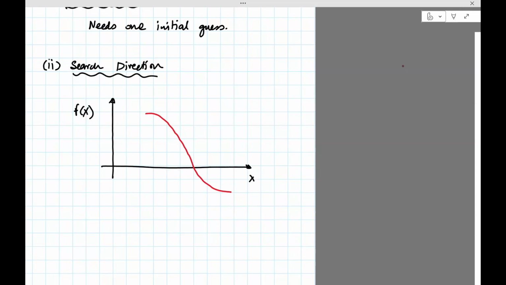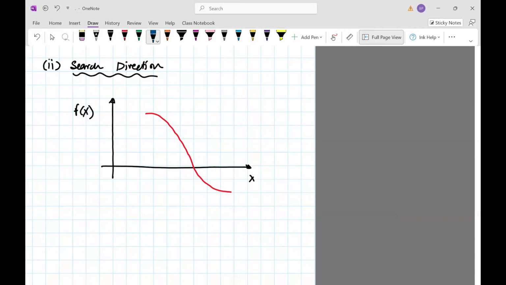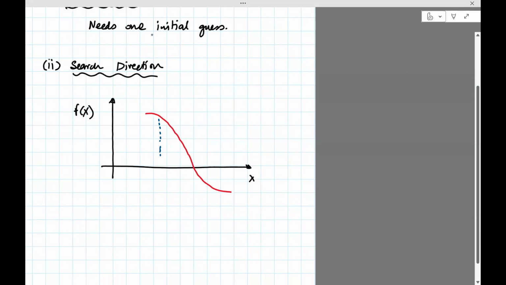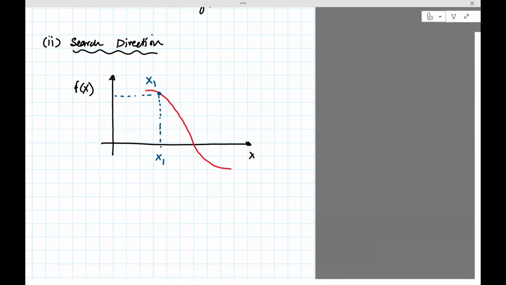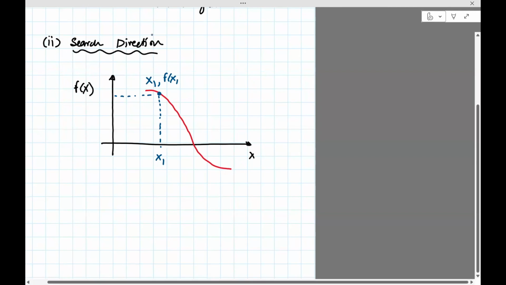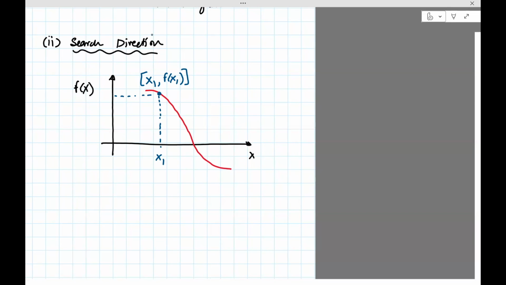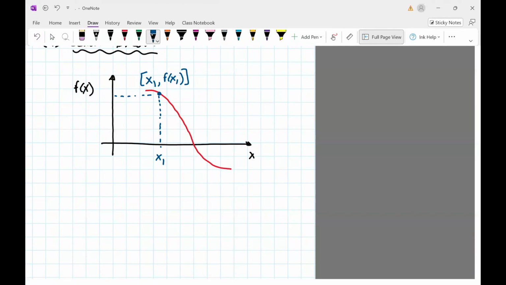So let's say that your initial guess is right here. Okay, let's call that x1. So this point here is going to be x1 for the x-axis and f of x1 for the y-axis. And clearly that is not a root, right? So what Newton Raphson does is it draws a tangent line at this point.